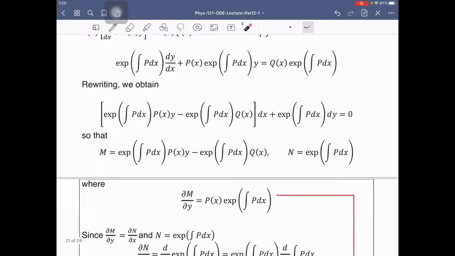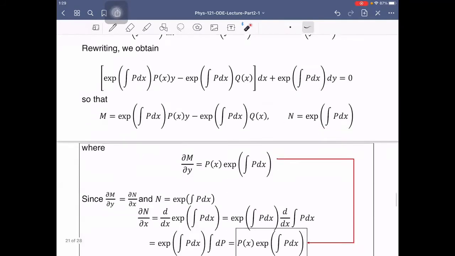And then, isolate natin yung dx and dy para makuha natin kung ano saan equivalent yung m and n. So therefore, here, itong mahabang expression na to is equal to m. And this one is equal to n.